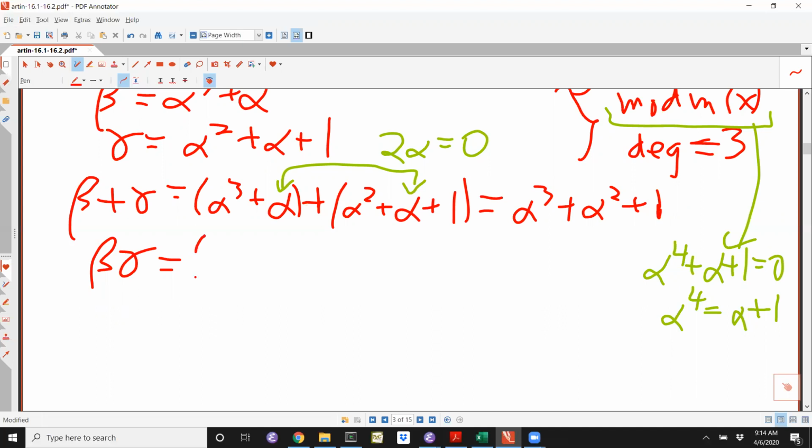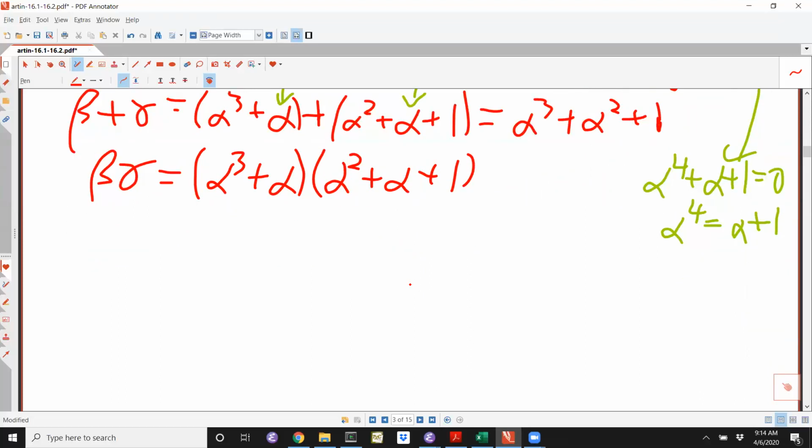Okay, so when you multiply these two elements, beta times gamma, you start off by using essentially ordinary polynomial multiplication.